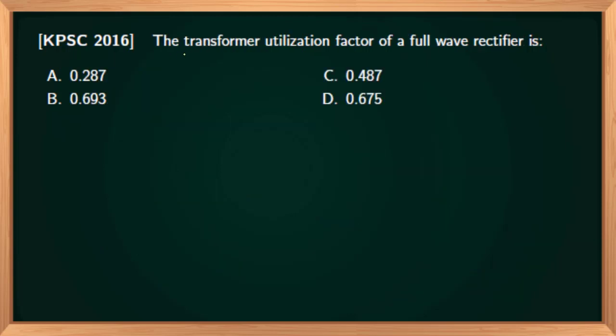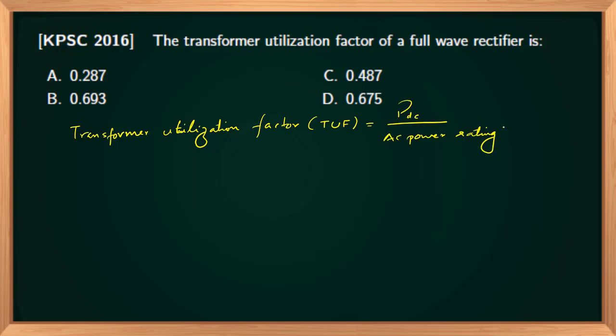Next question. The transformer utilization factor of a full wave rectifier is. Transformer utilization factor, TUF, equals DC power output divided by AC power rating of transformer.